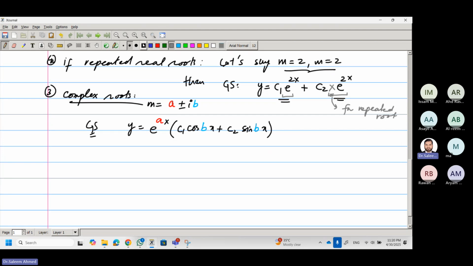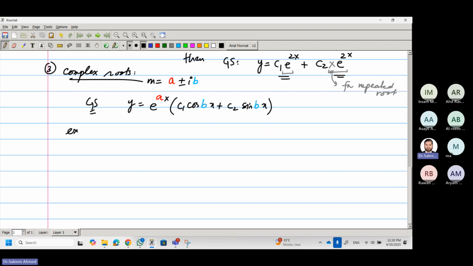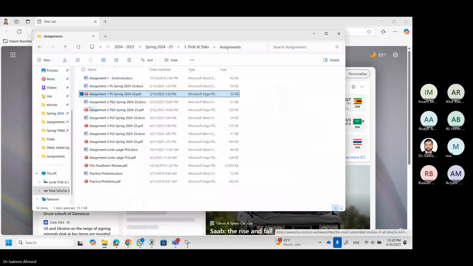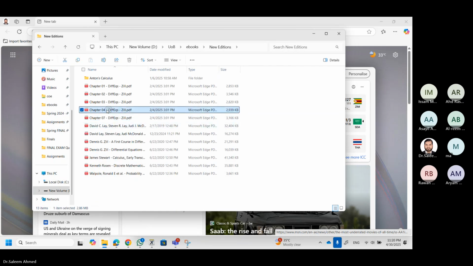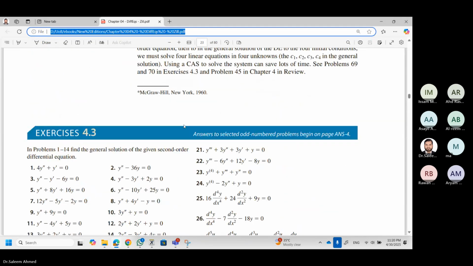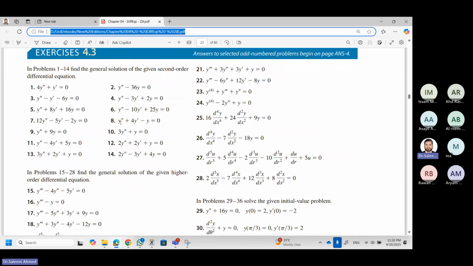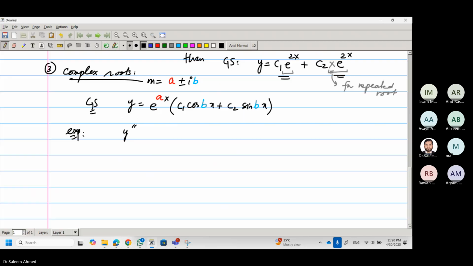For example, if I have an equation y double prime minus 4y prime plus 5y equals 0, I write the auxiliary equation m square minus 4m plus 5 equals 0.